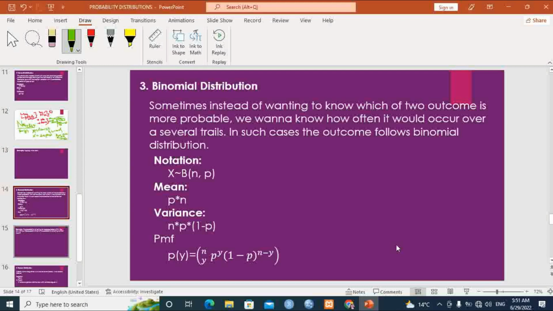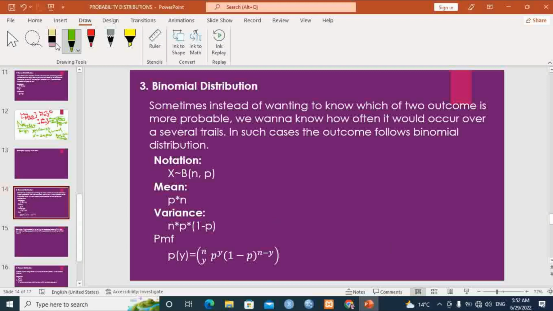Sometimes instead of wanting to know which of two outcomes is more probable, we want to know how often it would occur over several trials. So in this case we are going to have binomial distribution.